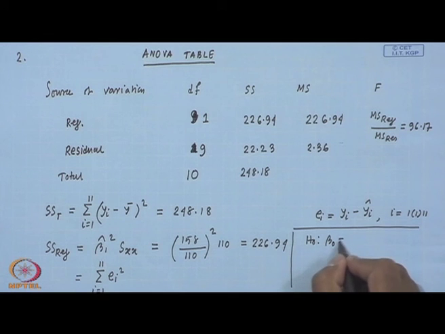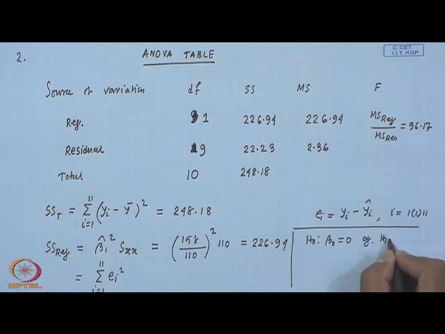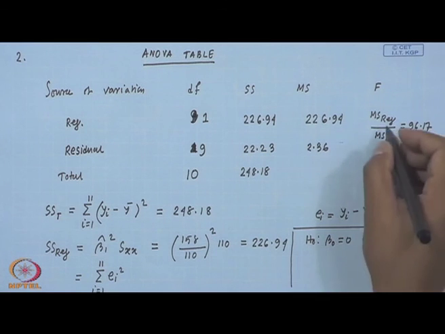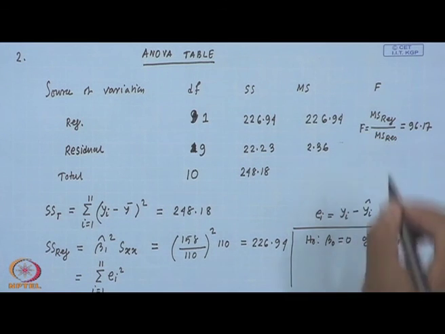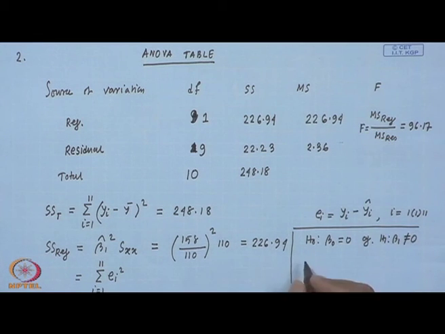Now, you know that we can test this hypothesis, say H naught, that is beta 1 equal to 0 against H 1, that beta 1 is not equal to 0, using this F statistic, and the observed value of F is equal to 96.17.